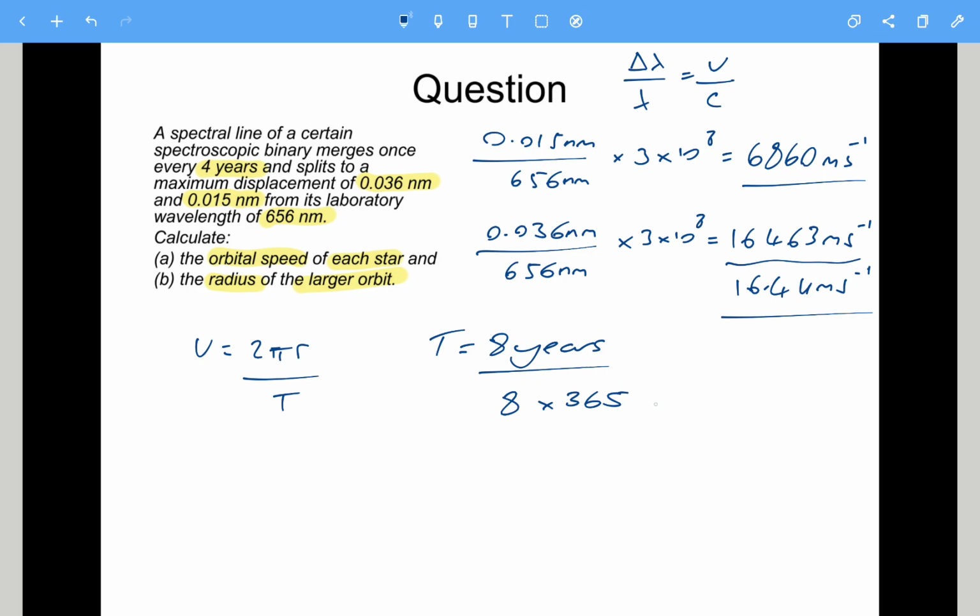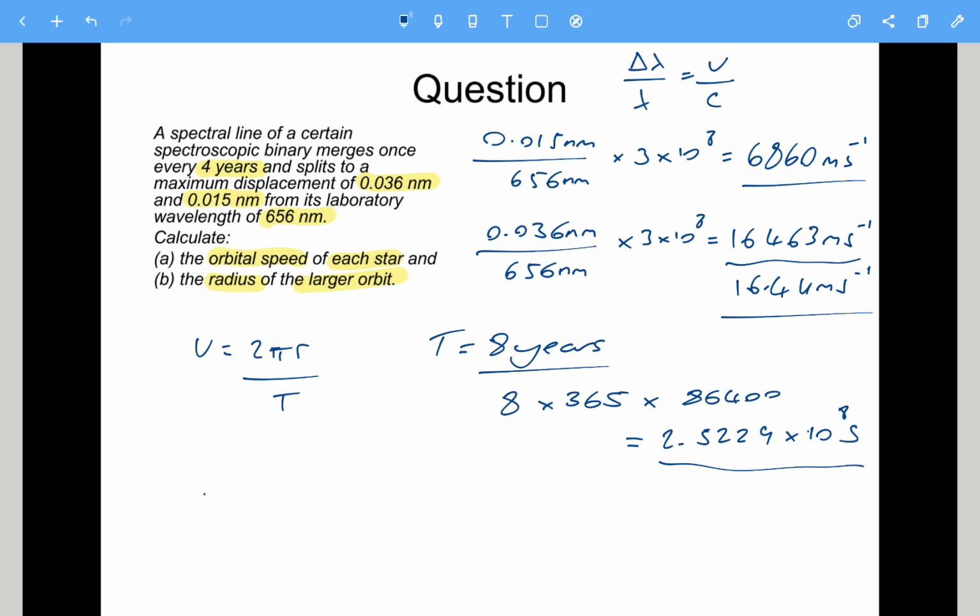Times seconds in a day, which is 60 times 60 times 24, which is 86,400. So that's 2.5229 times 10 to the power of 8 seconds.